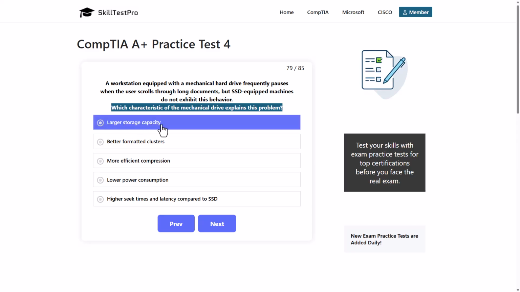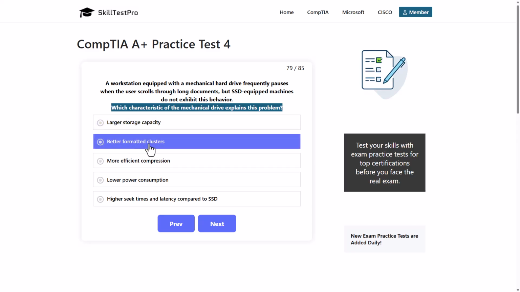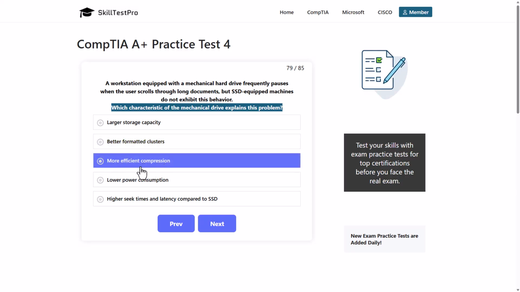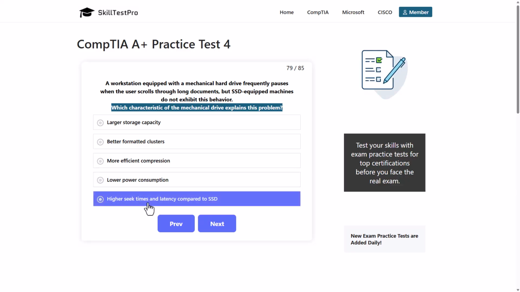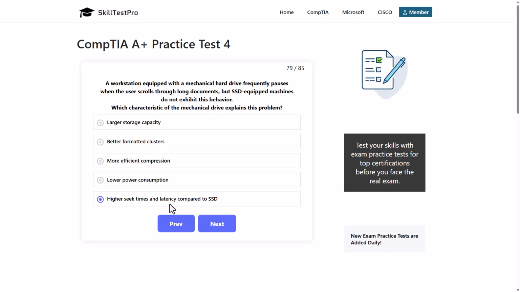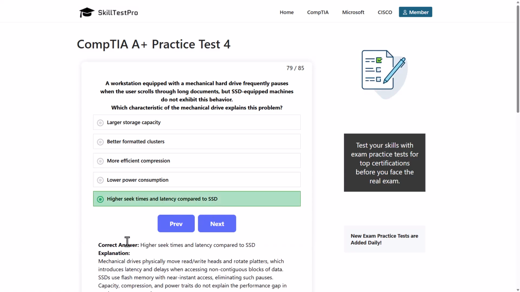Larger storage capacity, better formatted clusters, more efficient compression, lower power consumption, or higher seek times and latency compared to SSD? And here the correct answer is the last one, higher seek times and latency compared to SSD.